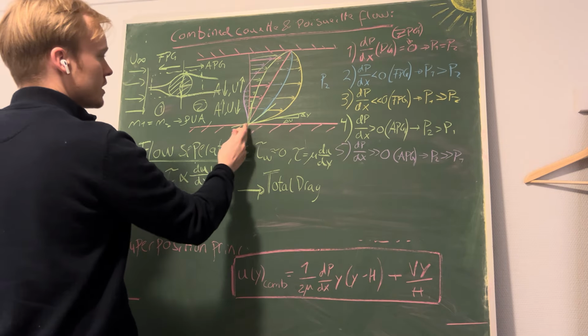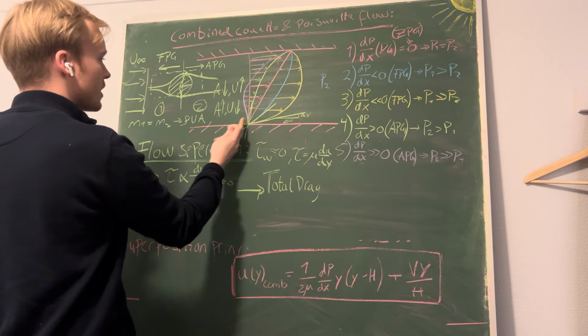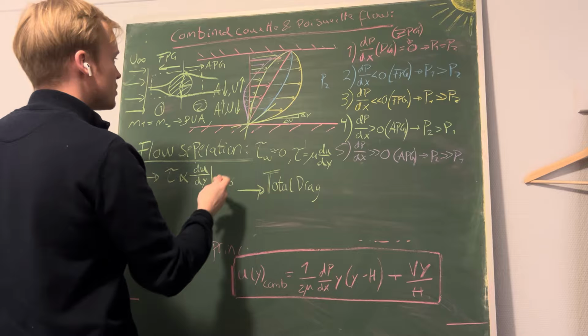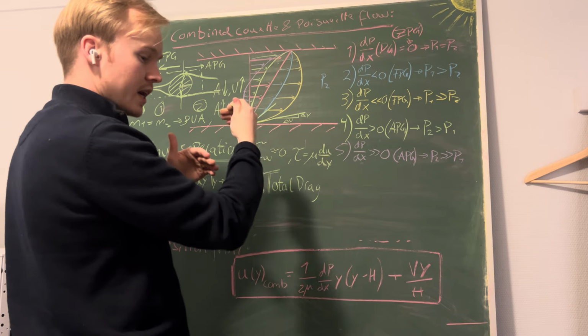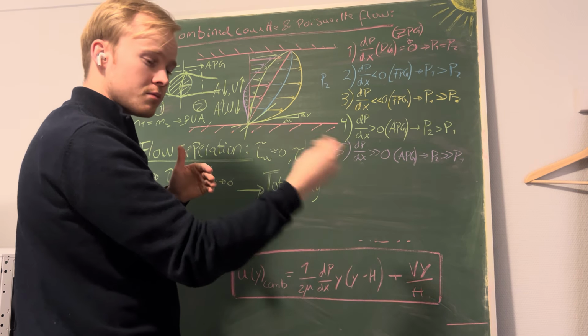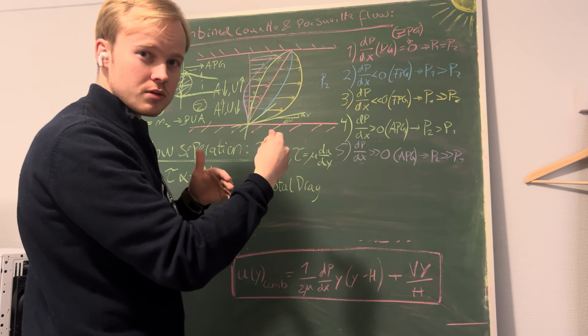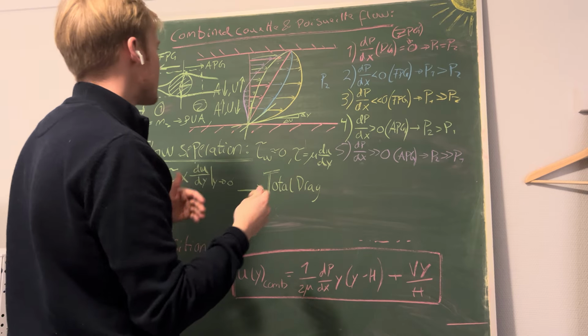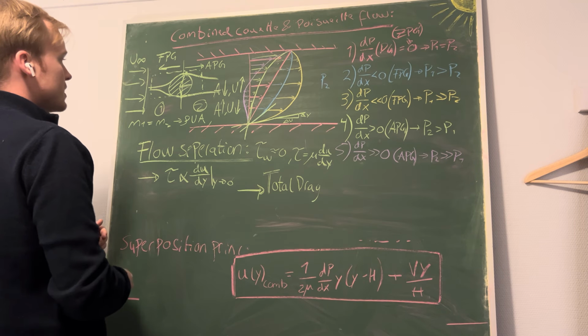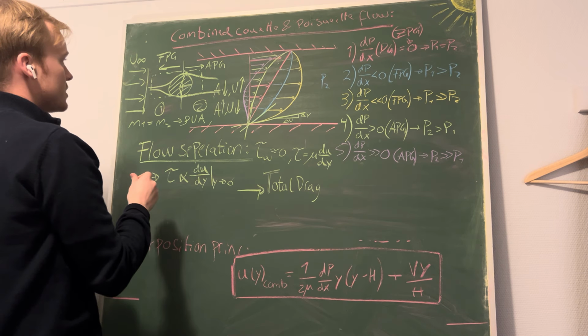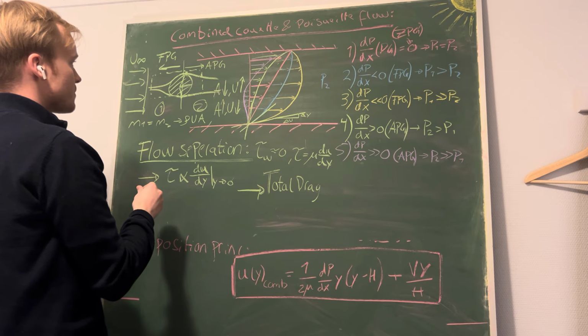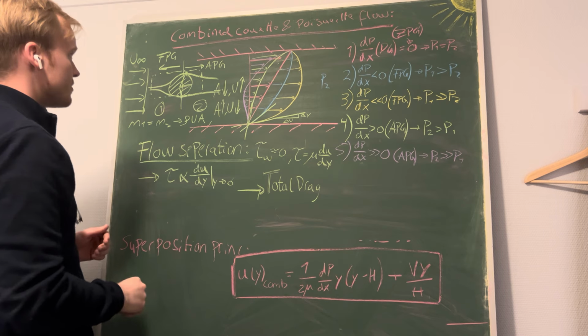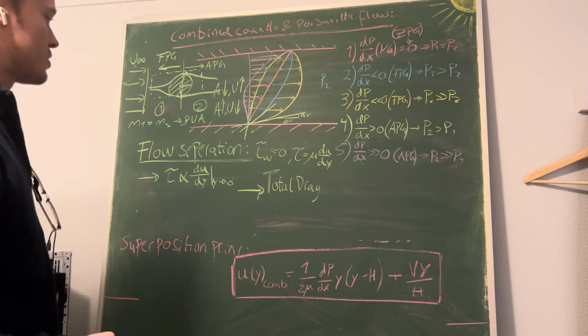And then at some point along here, we will have no shear stress because the pressure force is acting in the opposite way, pushing the flow upstream rather than downstream. So this is also a visualization of how favorable and adverse pressure gradients work.